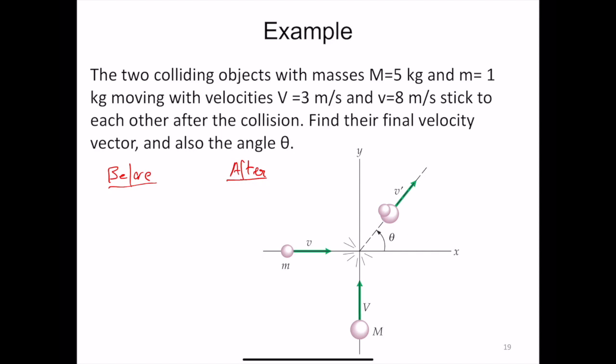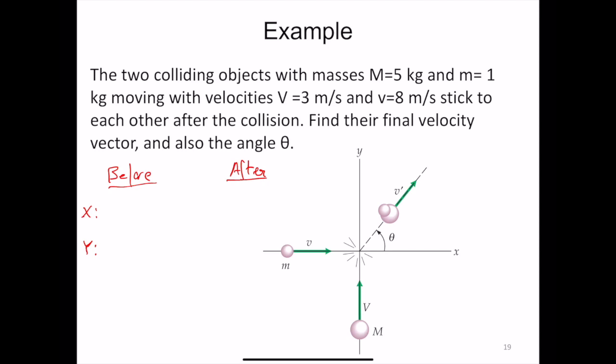Since this is two-dimensional, we are going to apply conservation of momentum along the x direction and also along the y direction. Any momentum vector that you see, you want to first break it up into an x component and a y component, and then apply conservation of momentum along the x direction with all the x components, and along the y direction with the y components of everything. That's pretty much all that you have to do.